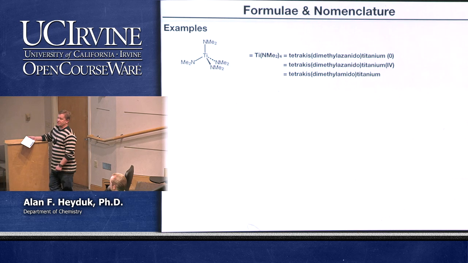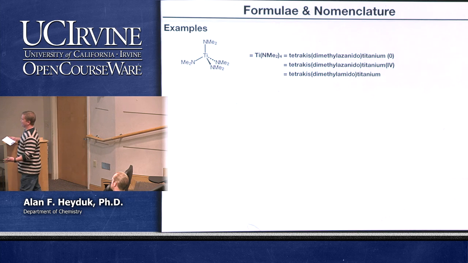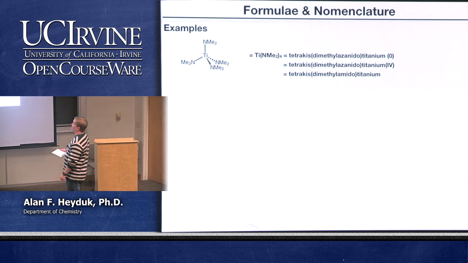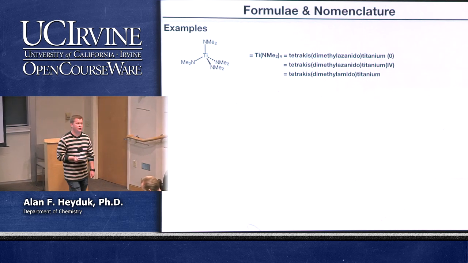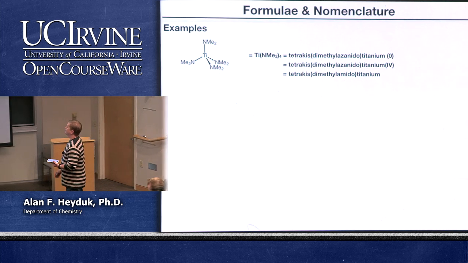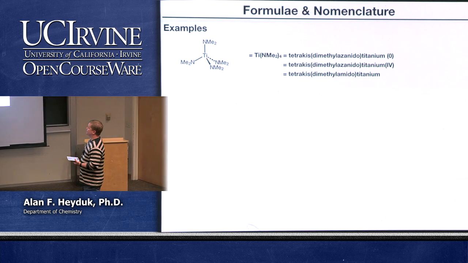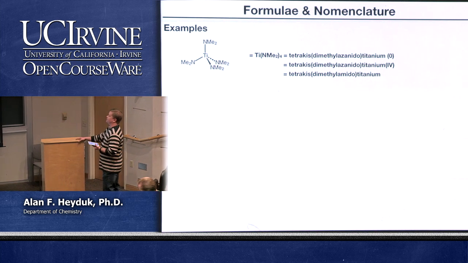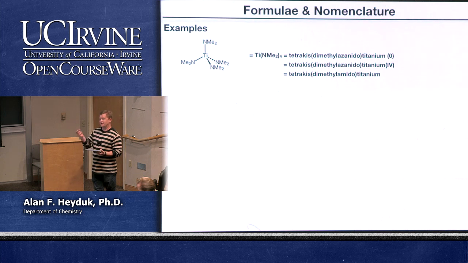In the first example that I've given, I have a regular Arabic digit in parentheses with a space after the name. That's the Ewens-Bassett formalism to indicate charge, and it's telling you that the charge on the metal complex is 0. It's absolutely correct. The second one that I've put up there, tetrakis(dimethylazanido)titanium, no space, parentheses, Roman numeral 4, is the Stock system for charge.